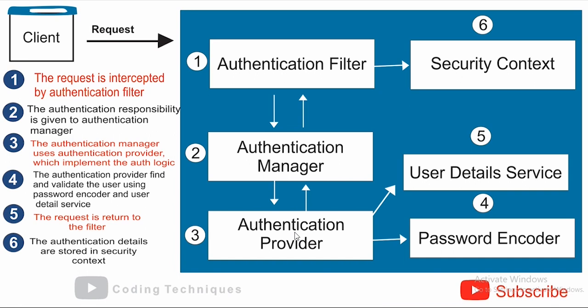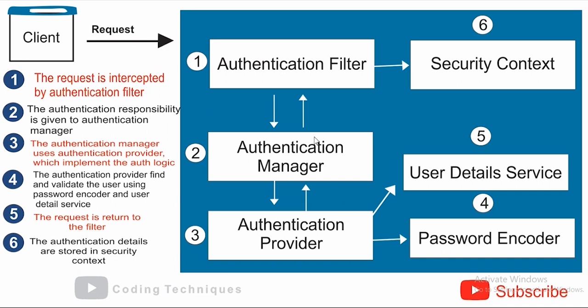In this case, the authentication provider uses the user details service and the password encoder. The user details service will load the username. Based on the username, it will load the user and his credentials, and then the password encoder will validate the password.